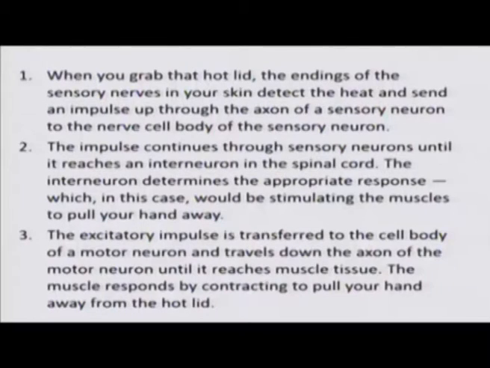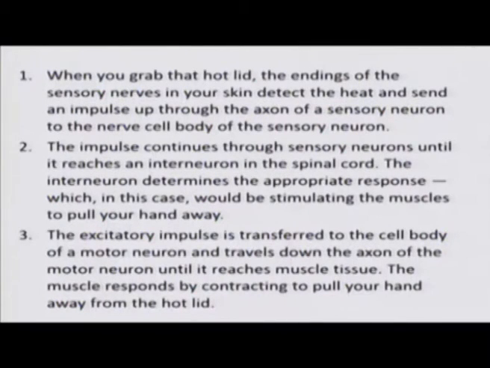Point number 1, when you grab that hot lid, the endings of the sensory nerves in your skin detect the heat and send an impulse up through the axon of a sensory neuron to the nerve cell body of the sensory neuron. 2. The impulse continues through sensory neurons until it reaches an interneuron in the spinal cord.